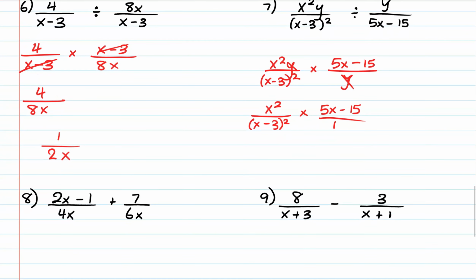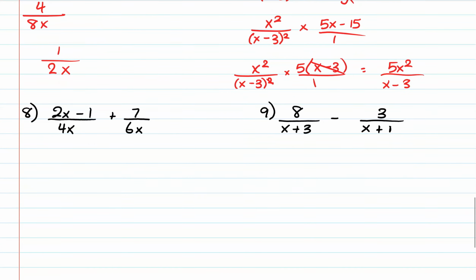I can factorize the 5x minus 15, taking 5 out as a common factor, to get x minus 3 over 1. I can cancel out the x minus 3's, so when I multiply, I'm left with 5x squared over x minus 3. Right? That is how I simplify that.